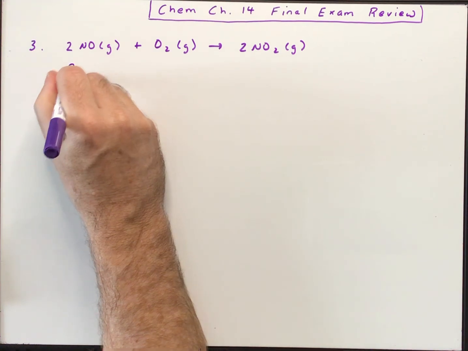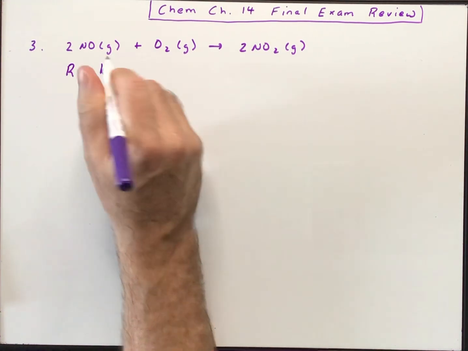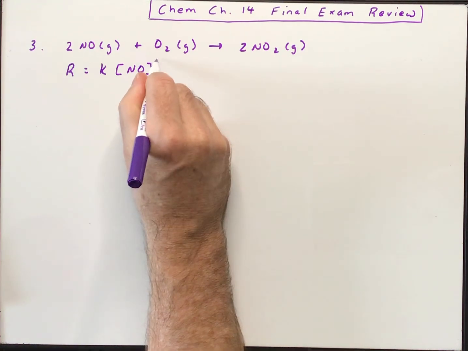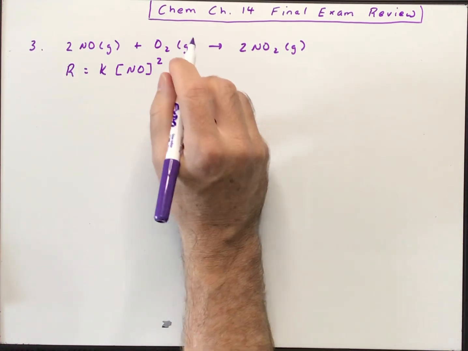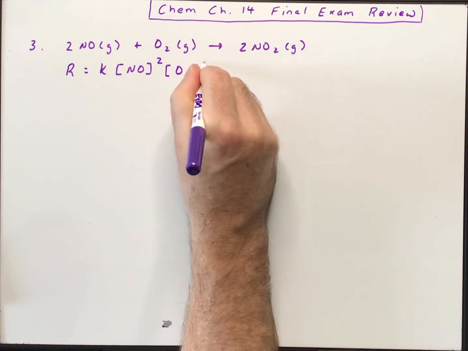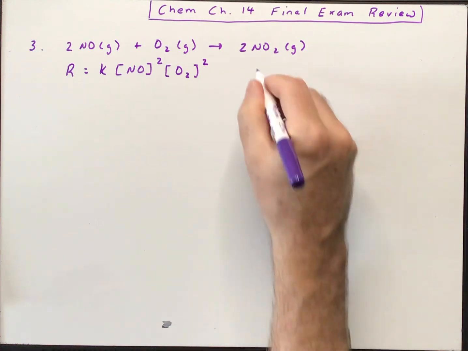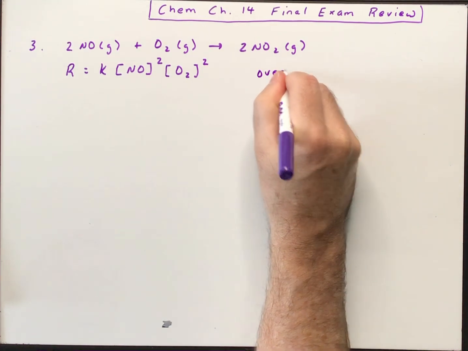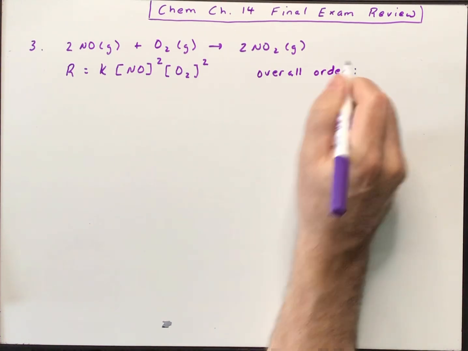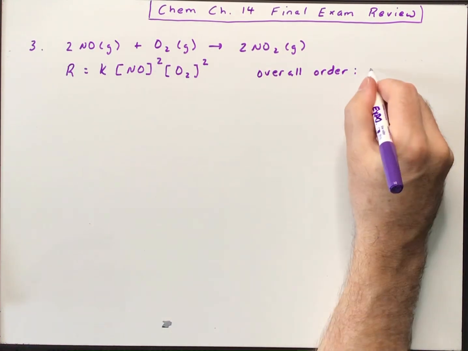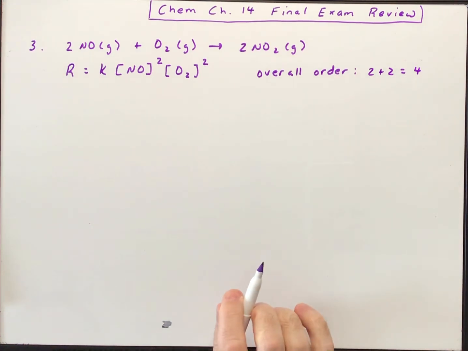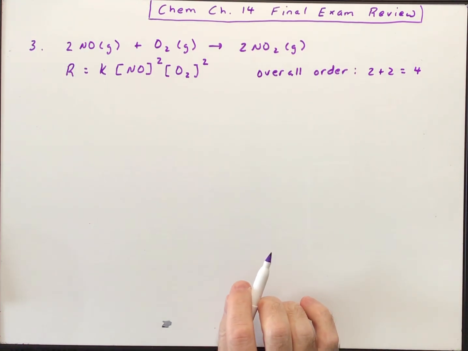So what is the rate equation if it's second order with respect to each of the 2 reactants? Well, it's going to be R is equal to K times the concentration of NO squared times the concentration of O2 squared, because the order tells you the exponent. The overall order is x plus y, 2 plus 2, so that is 4.